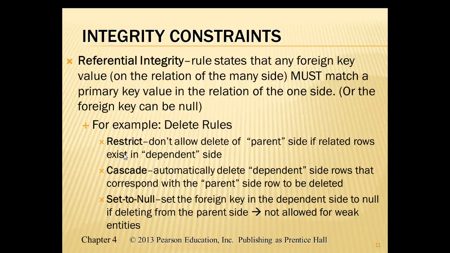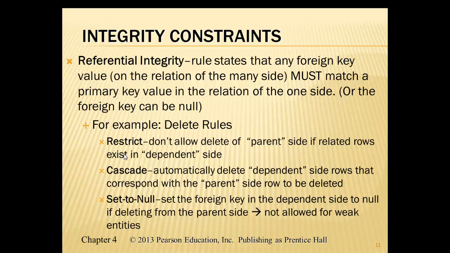The text talks about, on page 160, referential integrity, and they use a rather complex method. So the text states, the rule states that any foreign key value on the relation of the many side must match the primary key value on the relation of the one side, or the foreign key can be null.